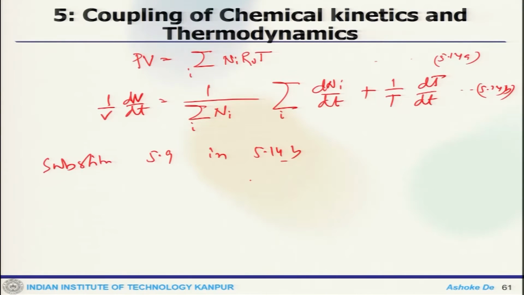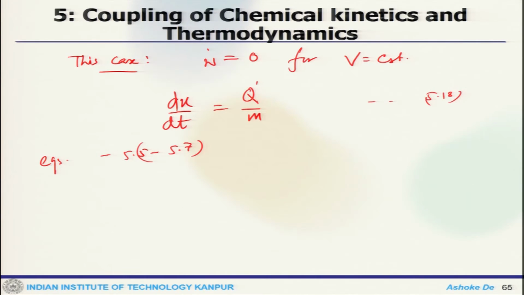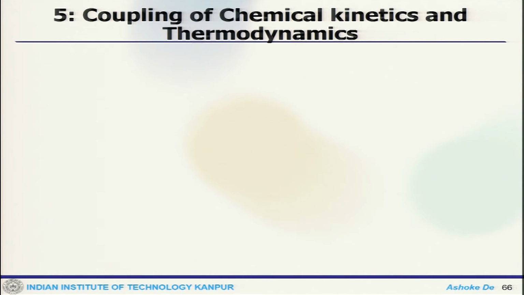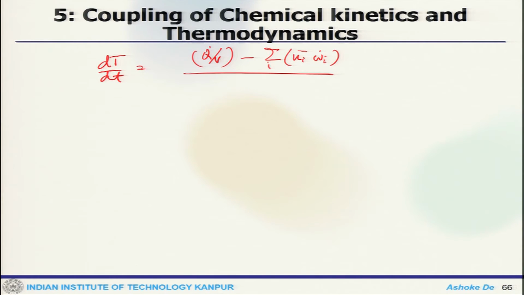All of these would be applicable and we can put them in this equation to get dT by dt as q dot by V minus the sum of u I omega dot I, divided by C V I.